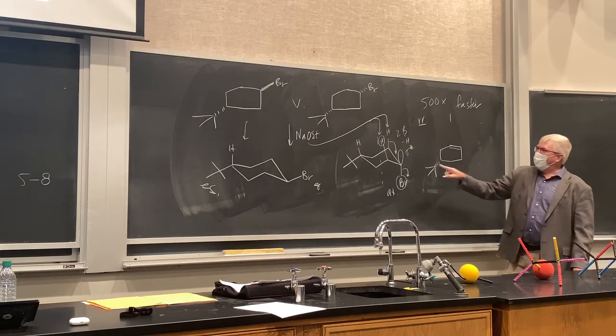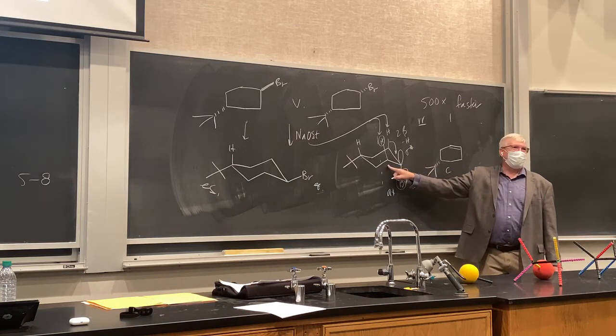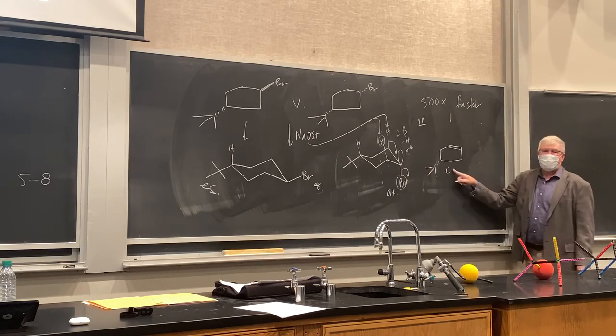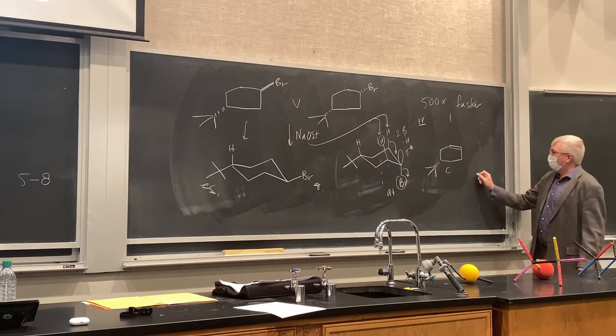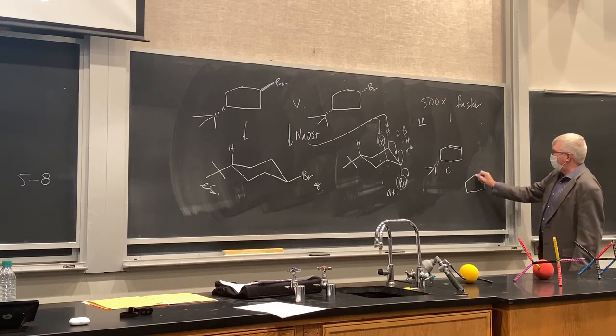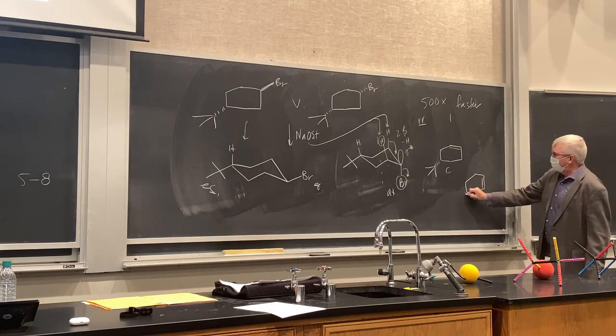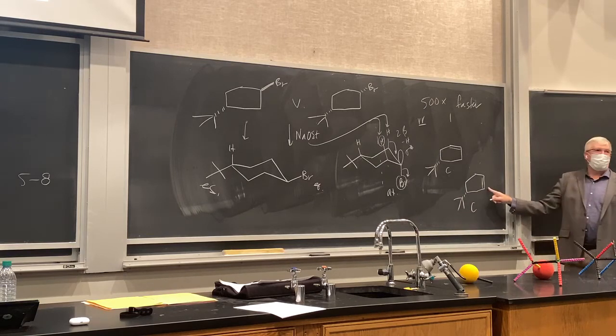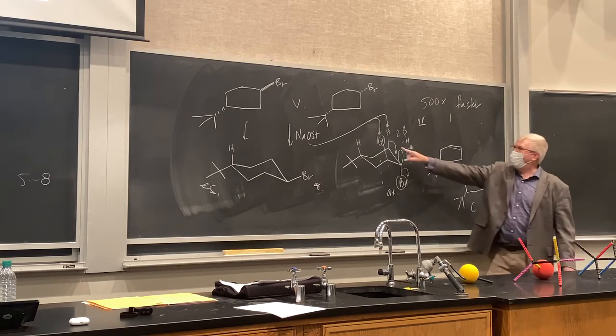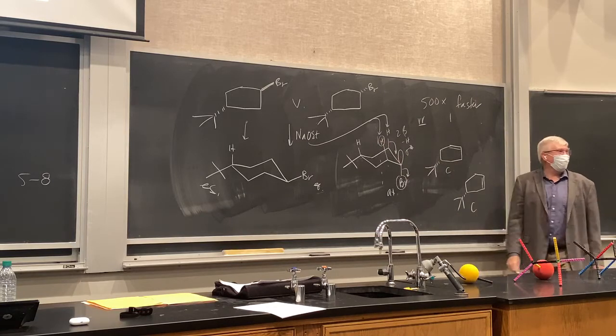But wait a minute, we had an achiral starting material. So we can't create a pure chirality out of nothing. We're going to also create what? The opposite enantiomer here, which would be right here. Now, where did that one come from? That came from the other axial hydrogen, you can see.